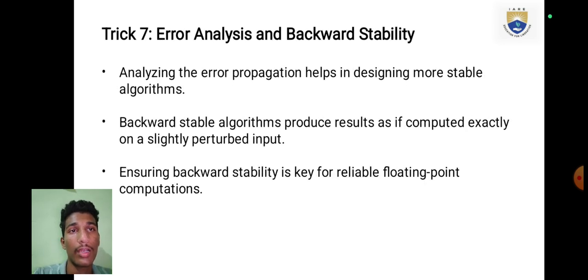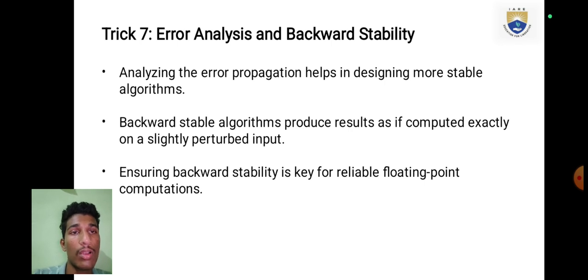Trick 7. Error analysis and backward stability. Analyzing the error propagation helps in designing more stable algorithms.